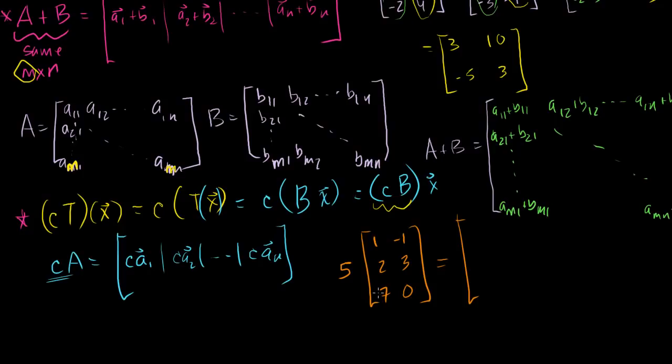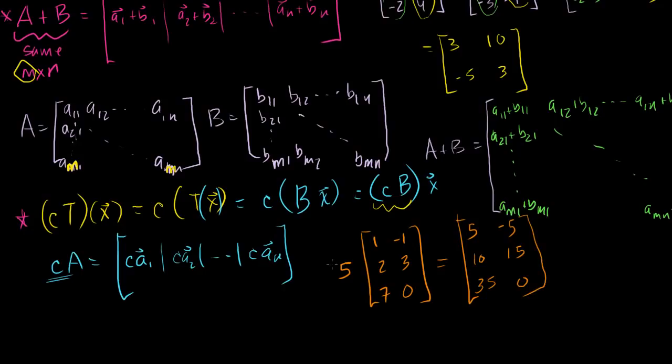So it's 5 times 1, 2, 7. But what's that? That's just 5 times each of the entries. So it's 5 times 1, which is 5. 5 times 2, which is 10. 5 times 7, which is 35. Then the next column is going to be 5 times this column right here, which is just 5 times each of its entries. So 5 times minus 1 is minus 5. 5 times 3 is 15. 5 times 0 is 0.